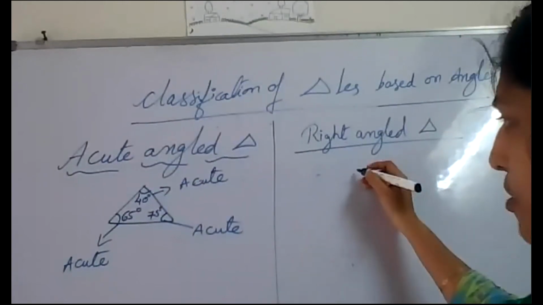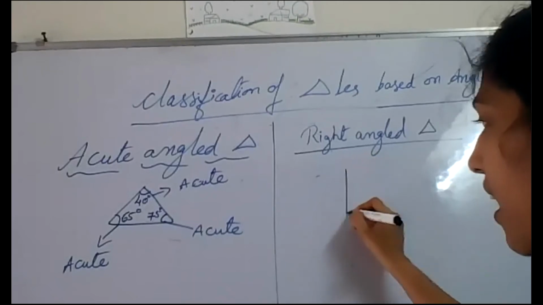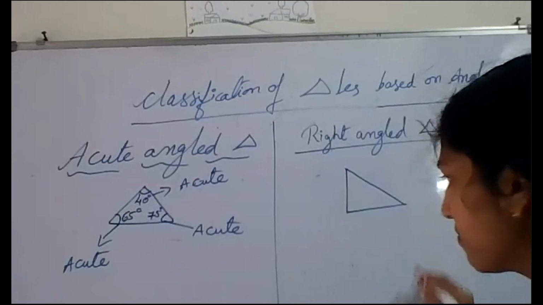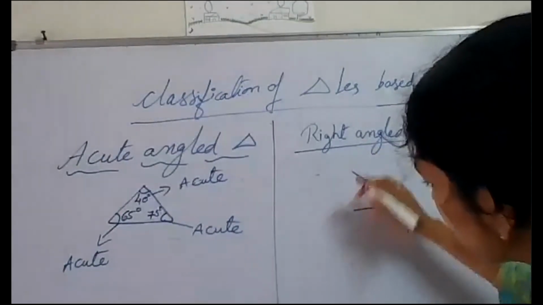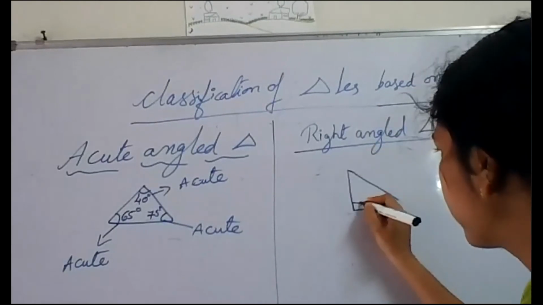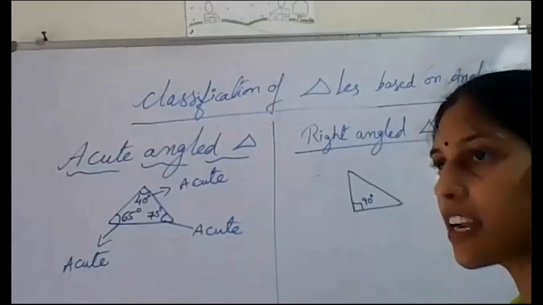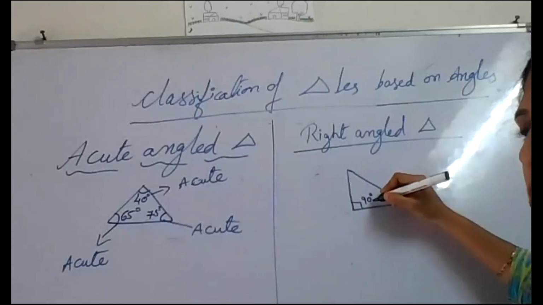Ma'am, an application based example of a right angle triangle is the side view of a staircase. See here, this is a right angle triangle because it has one angle equal to 90 degrees.